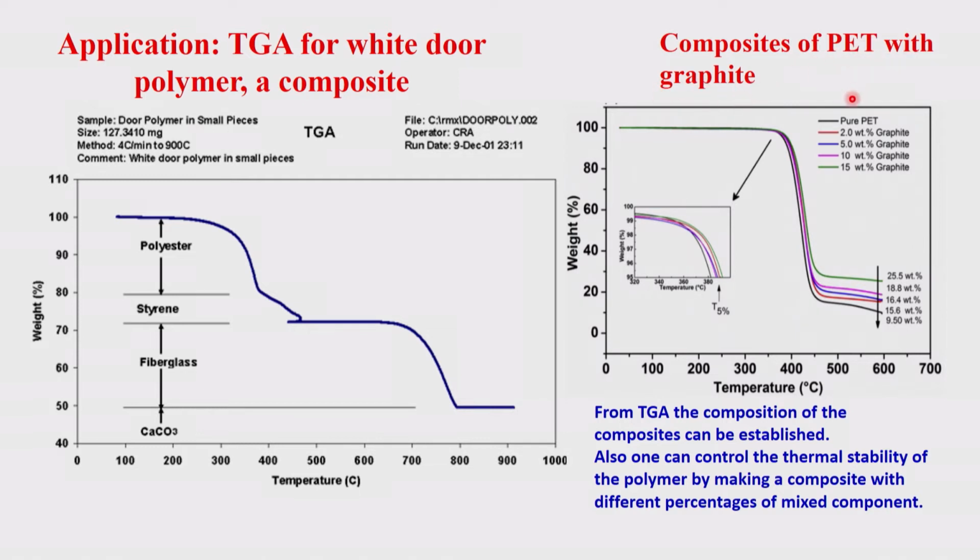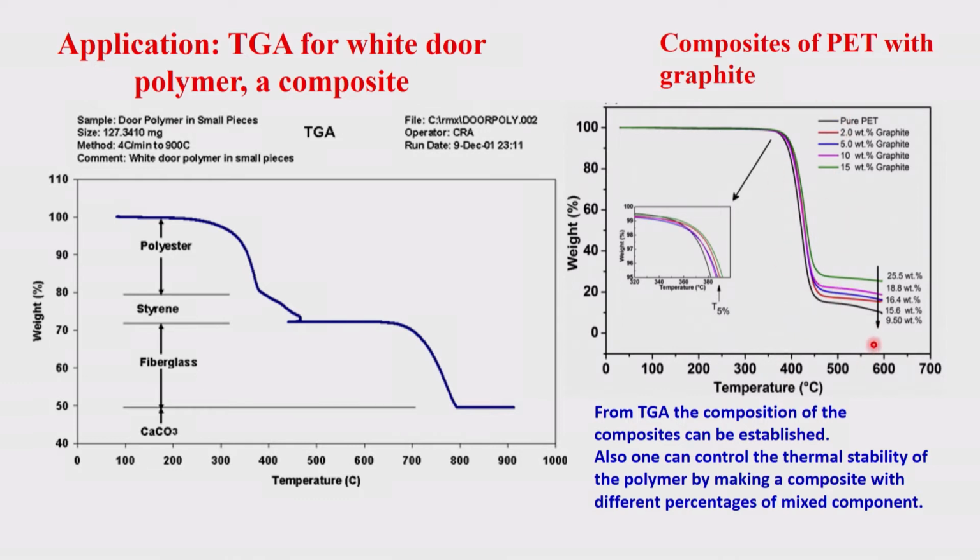Okay, so different extents. So you take a pure PET, you take PET with 2% of graphite, 5% of graphite, 10%, 15%. You see the thermograms. So the green one is here, that means its weight loss is less. This pure one is below, and this red one, 10%, is here. So like that, you have all.